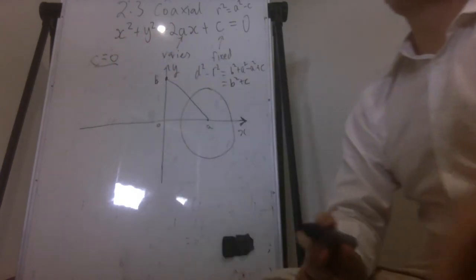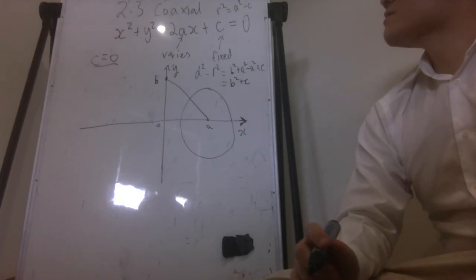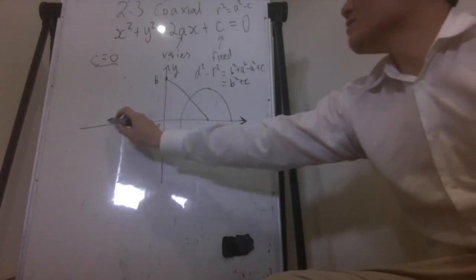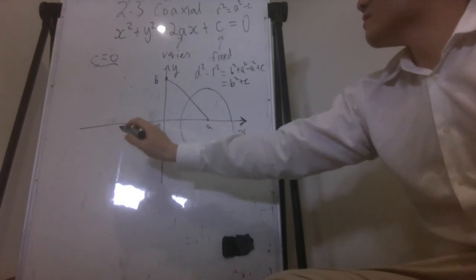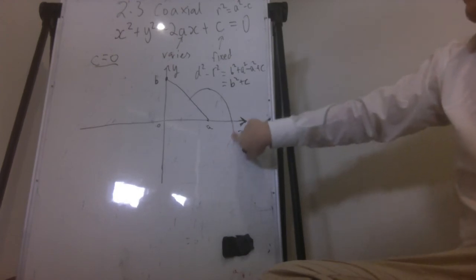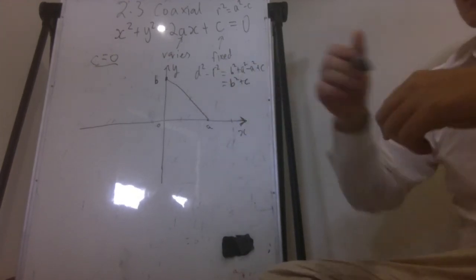And you see what that corresponds to? So that means it touches, right? Tangent. So another way of thinking about it is C is the y-intercept, yeah?